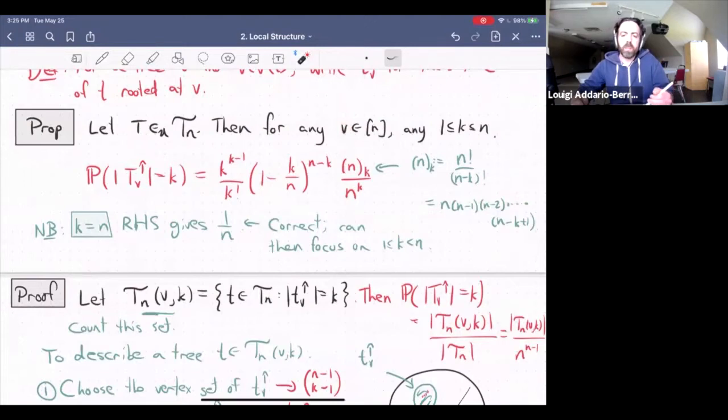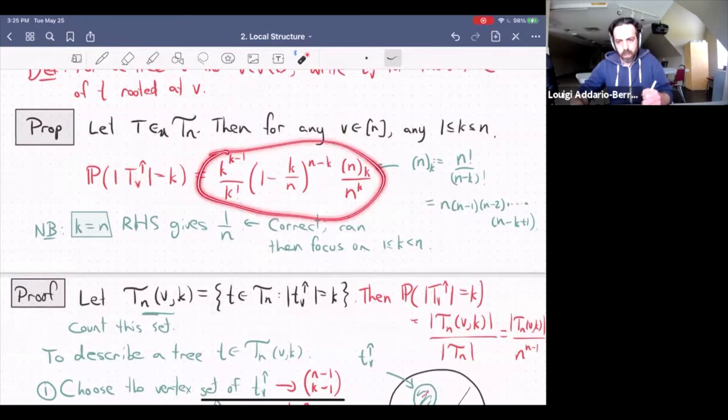But by the symmetry of the model, it would be equivalent if I let V be a uniformly random vertex, or indeed V to be any distribution over the vertices as long as the distribution doesn't depend on the tree. Because this formula doesn't depend on what V is.